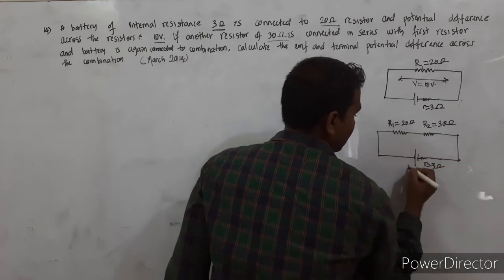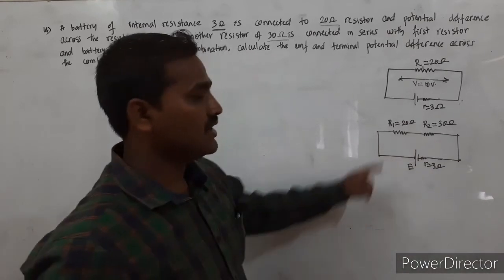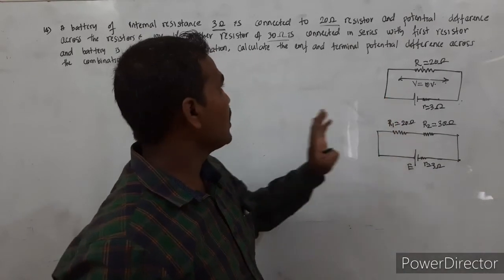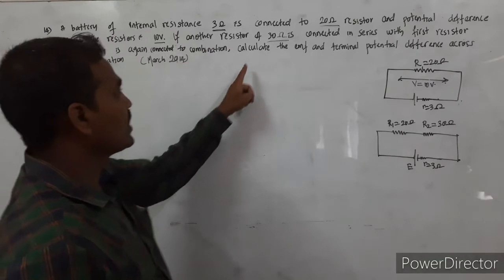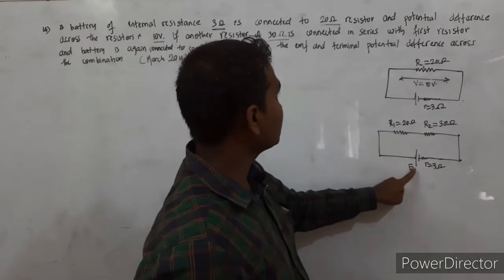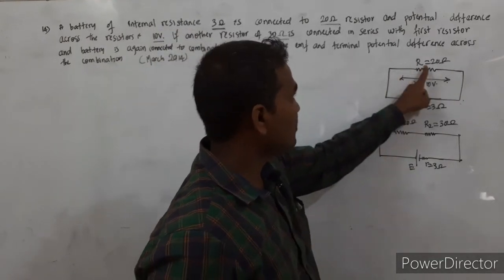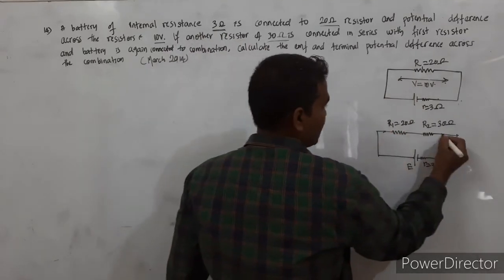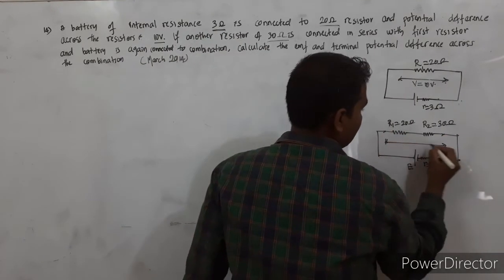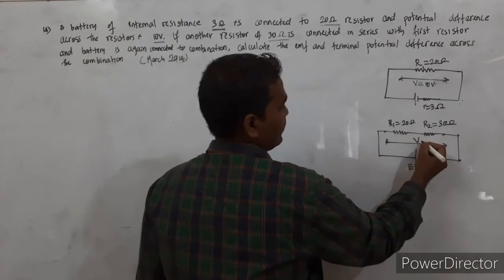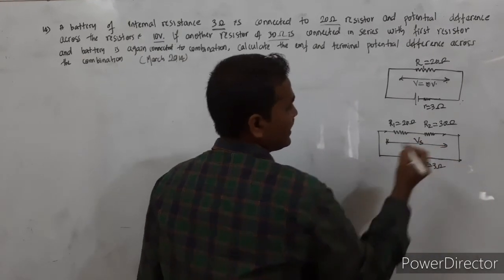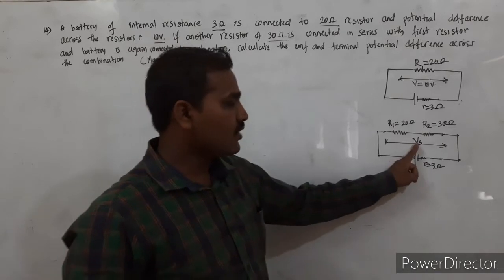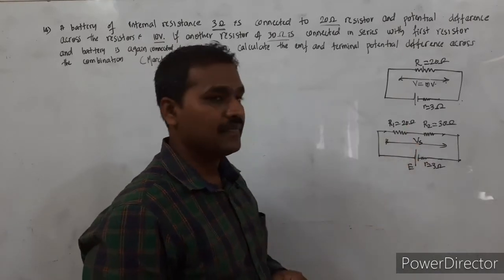But they have not given the value of EMF. That EMF value we have to find out. So we are asked to calculate the EMF of the cell and also the terminal potential across the combination. Yes, let us write it as Vs, I have to find out in this case.